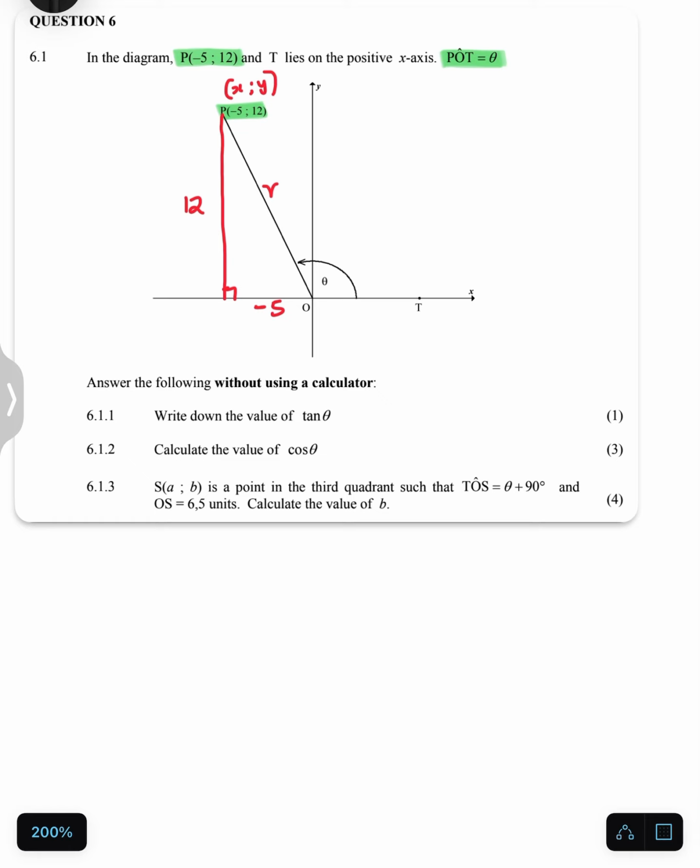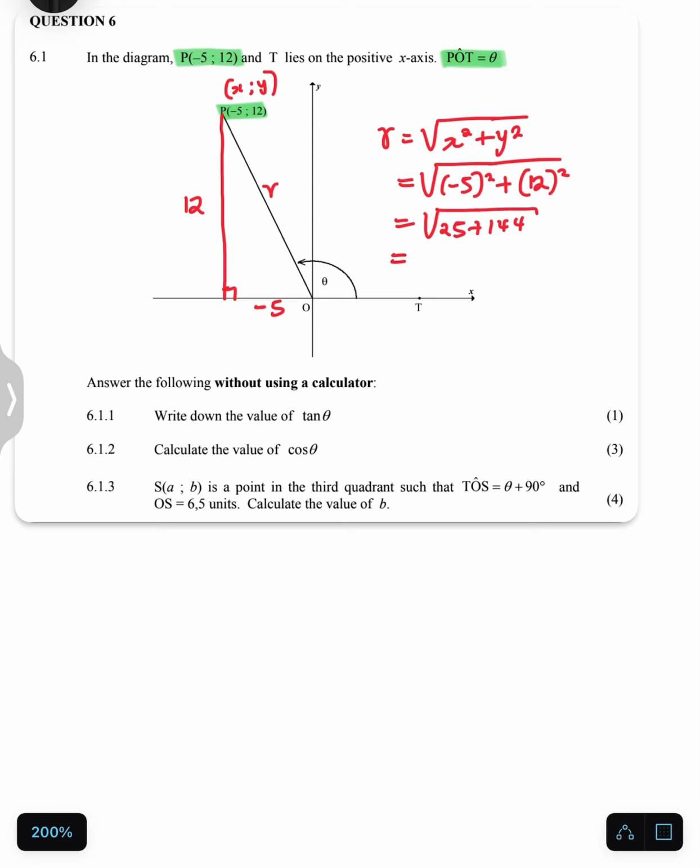Okay, so using Pythagoras, r will be the root of x squared plus y squared, and x is -5, then we square it, and then we also have y to be +12, and we square it. Then this will give you 25 plus 144, so that will give you the root of 169.